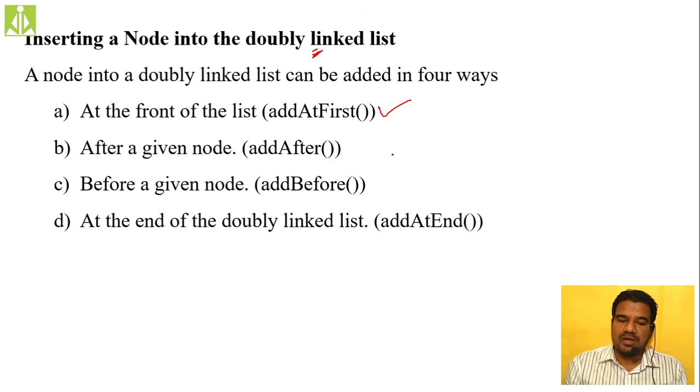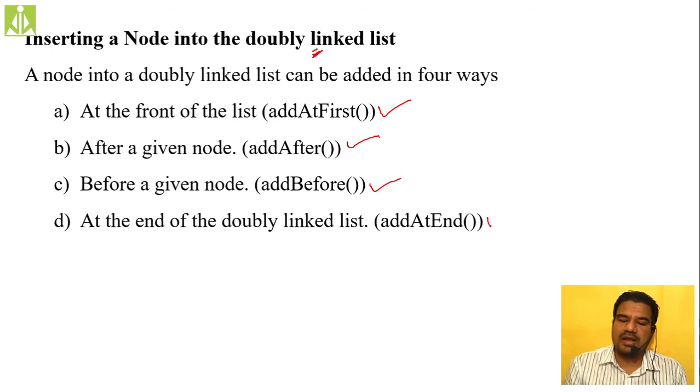Then add after will add a node after a given node. They will give a position of the node, and this add after function will add my node after that position node. Then add before will add a node before the given position node.